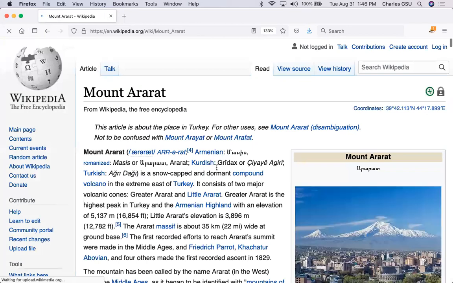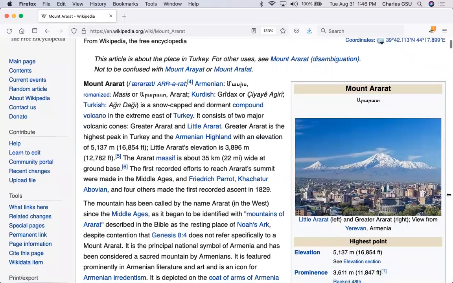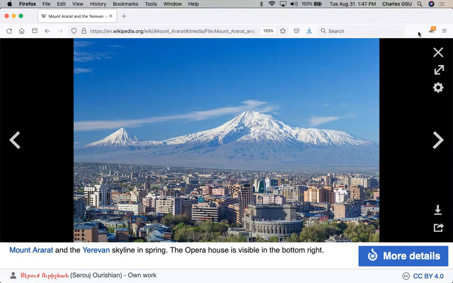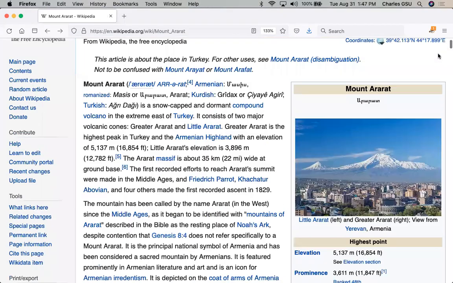And you can see that it's pretty high. And if you have a flood, then of course the nearest body of land, if you will, would be the mountaintops, as that's what creates islands, right?